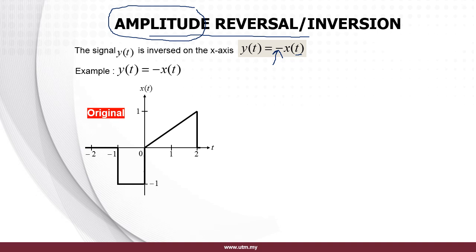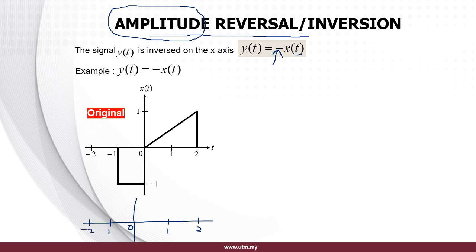Please remember that only the amplitude will be inverted, but the time remains the same. So you can copy the same amplitude and the same t. So 2 remains 2, 1 always 1, 0, 1, and minus 2.